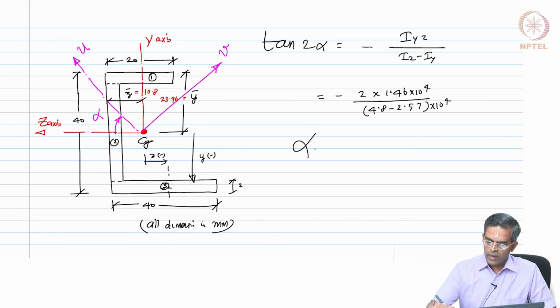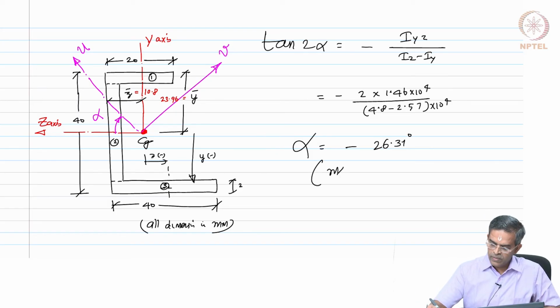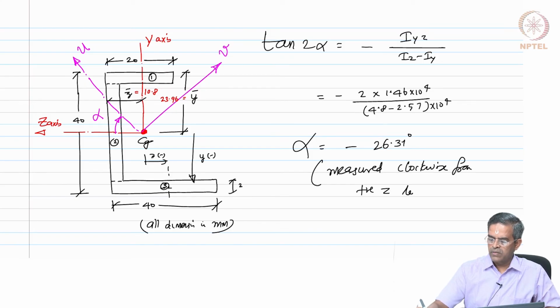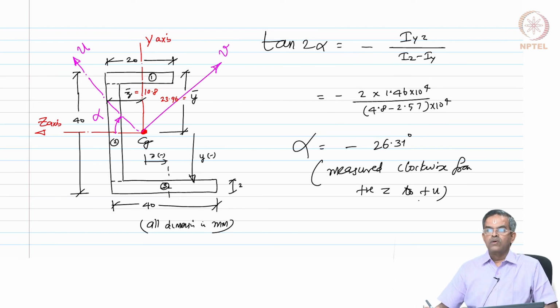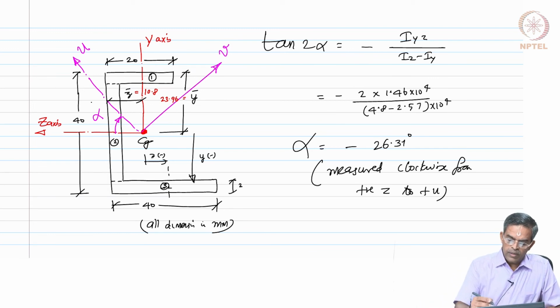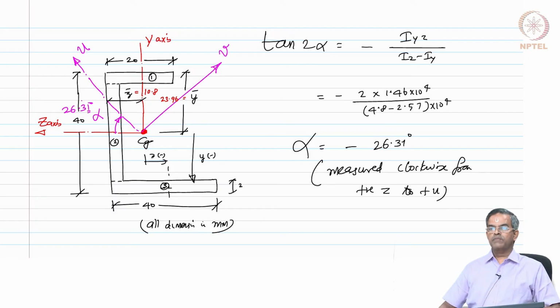So, we get alpha as minus 26.31 degrees measured clockwise from positive Z to positive U. So, this is 26.31 degrees. So, I have located the principal axis.